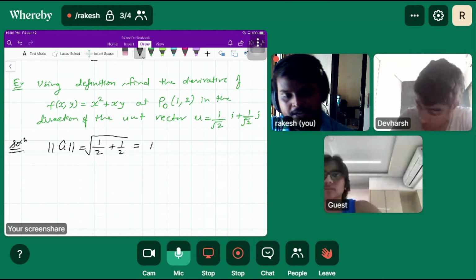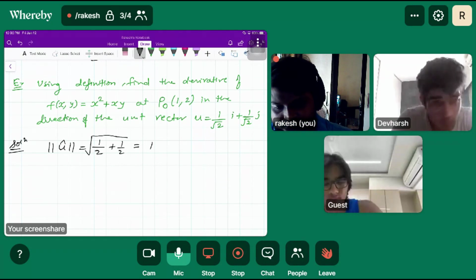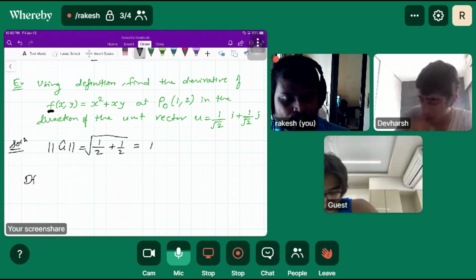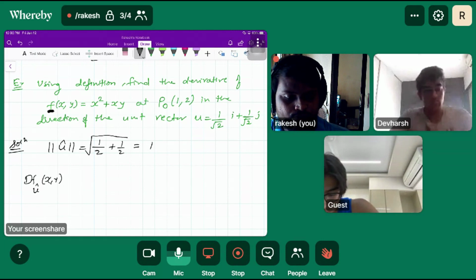So now how do I apply the definition here? The definition is you have to find the directional derivative of the function at x comma y in the direction of u.